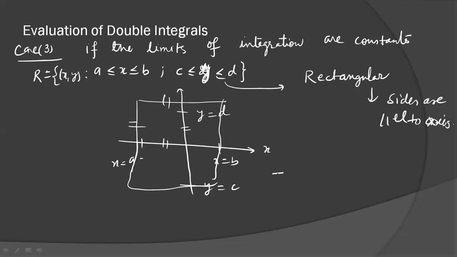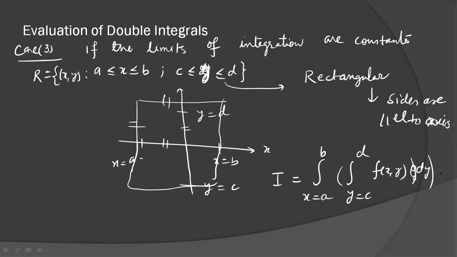In this case, how to represent the integration? X is from a to b and y is from c to d. And you can integrate with respect to y first, then with respect to x. Or you can integrate with respect to x first, then with respect to y.